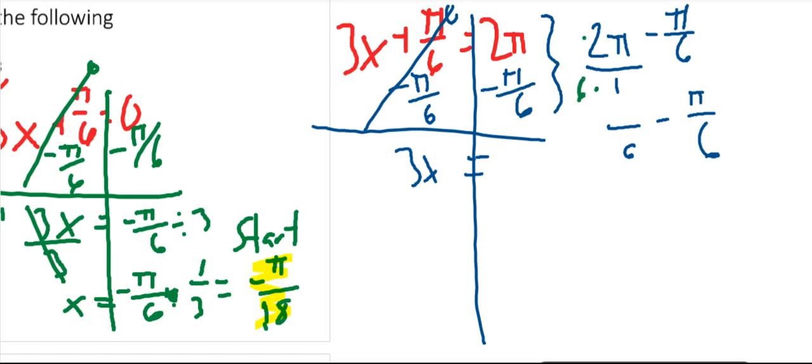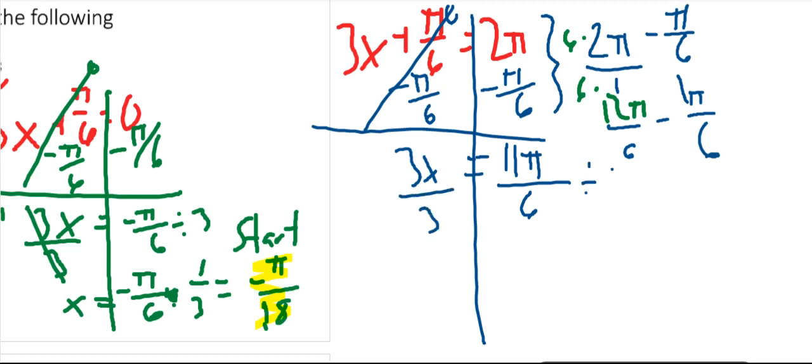Times 6, times 6. So then my new numbers will be 12 pi over 6, because 1 times 6 is 6. After that, I can go ahead and subtract. If you want, you can put the 1 there just to help you out. 12 pi minus 1 pi is equal to 11 pi. When we subtract fractions, we keep the same denominator. And after that, we could go ahead and divide by 3.